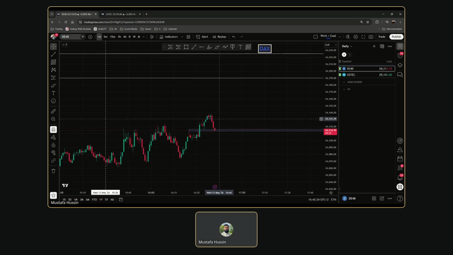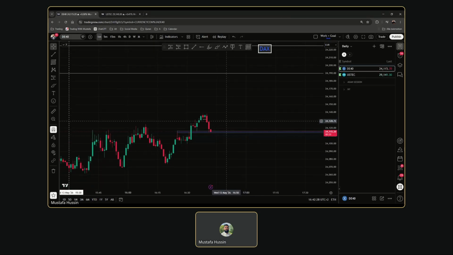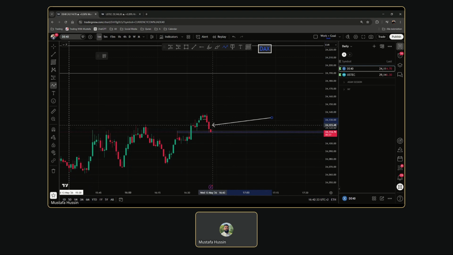There is one fair value gap up here. There's a second one that's about to be created when this candle closes.